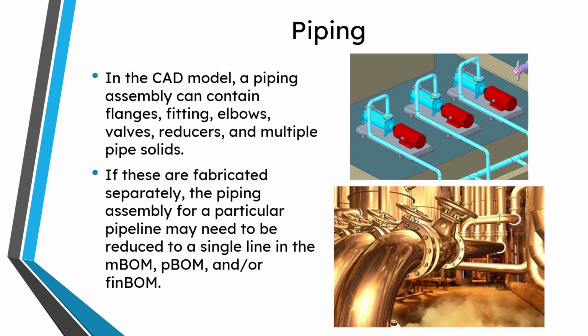Very similar to cabling, also on the piping side, you have the same situation. In a piping assembly, you're going to have flanges, fittings, elbows, valves, reducers, plus the individual pipe solids that connect them all together. And again, you have this entire piping assembly with all the different components. Often you want it to be a single line in the eBOM, the pBOM, or the finBOM.